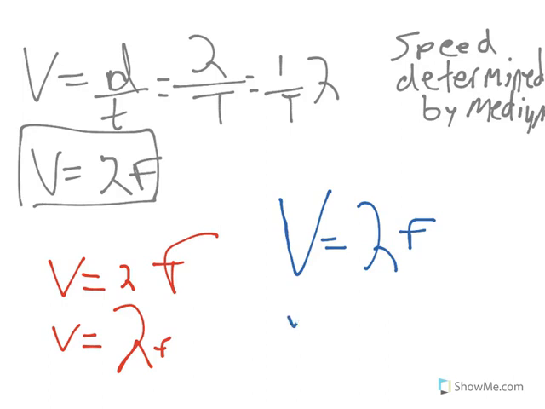And if the velocity gets smaller and the frequency stays the same, then the wavelength has to get smaller. So these are two different ways to look at speed. Again, speed is determined by the medium. The medium is the substance through which the wave is passing.